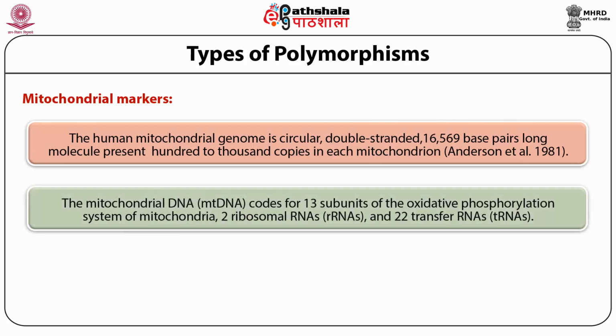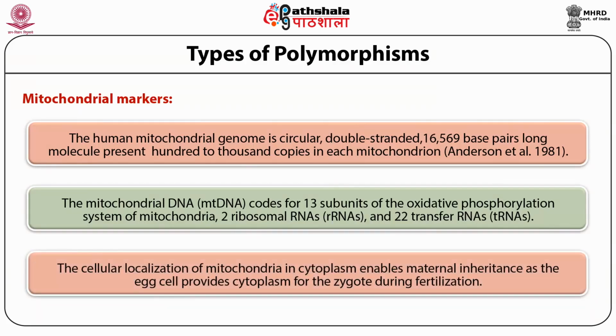The mitochondrial DNA, in short mtDNA, codes for 13 subunits of the oxidative phosphorylation system of mitochondria, 2 ribosomal RNAs and 22 transfer RNAs, that is the tRNAs. The cellular localization of mitochondria in the cytoplasm enables maternal inheritance, as the egg cell provides cytoplasm for the zygote during fertilization.